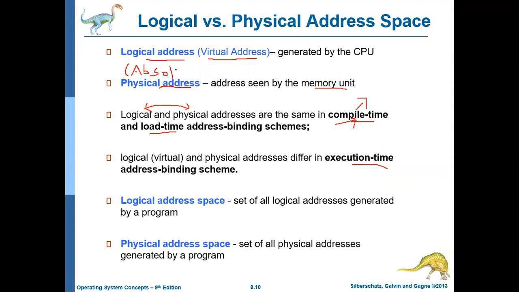If the compiler knows the starting address beforehand, then it will directly create the absolute code, with absolute addresses or physical addresses. Similarly, even if you do not know it, the compiler will create code with relocatable addresses, and those relocatable addresses will be converted to absolute addresses during load time.